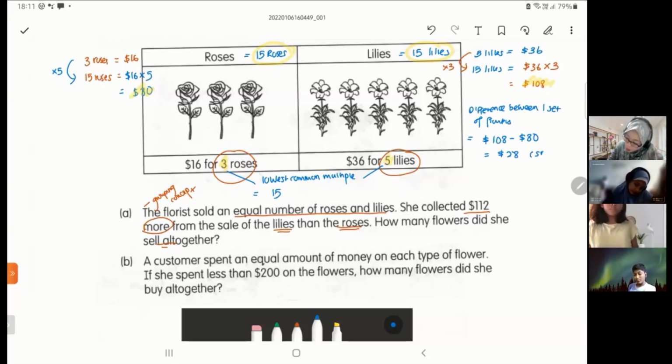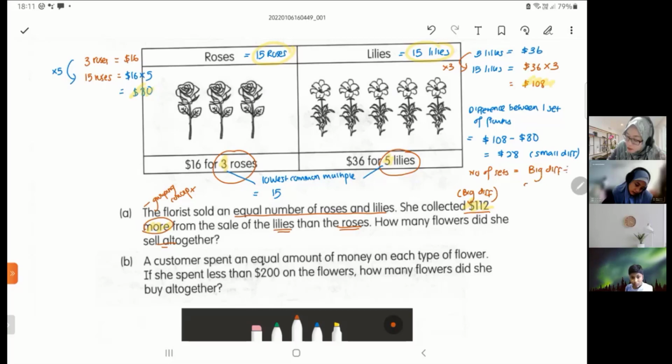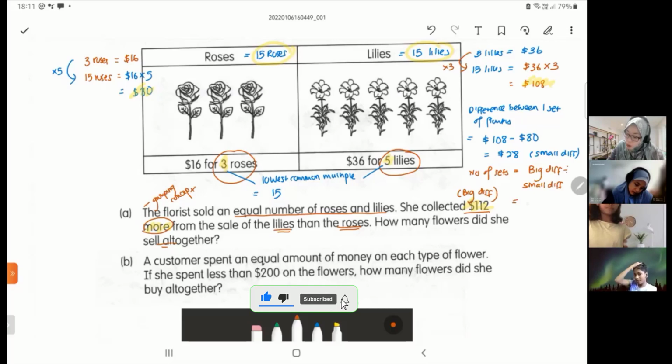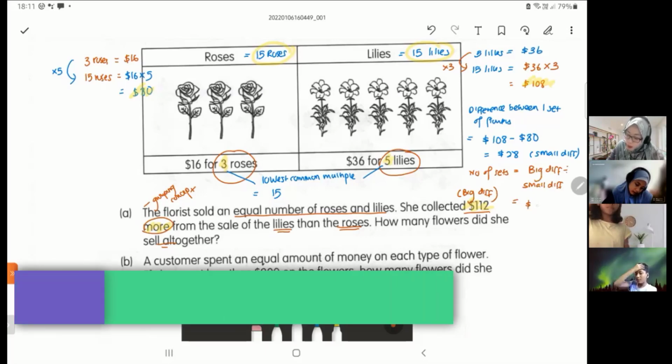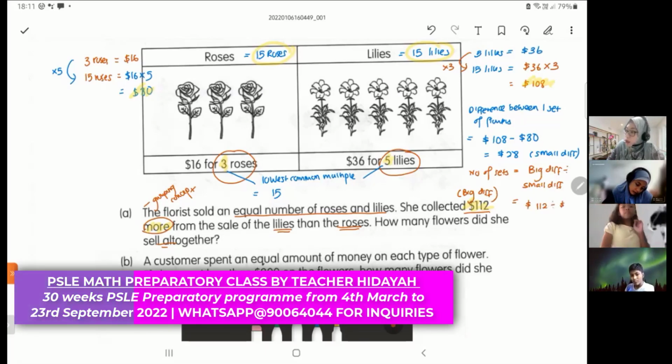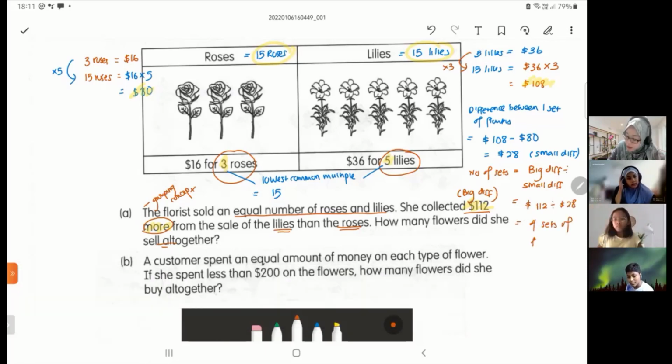This is what we call the small difference. Remember, she collected 112 more, so this is my big difference, my total difference. To find the number of sets, you take big diff divided by small diff, 112 divided by 28, and I get 4 sets of flowers.